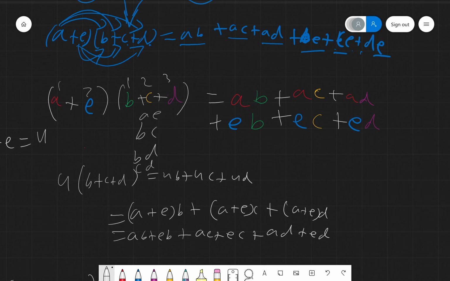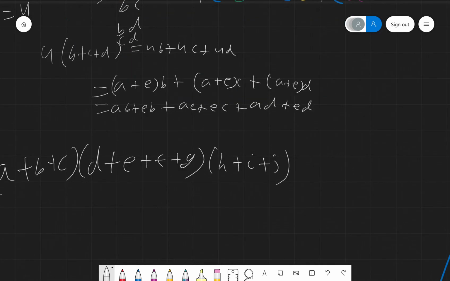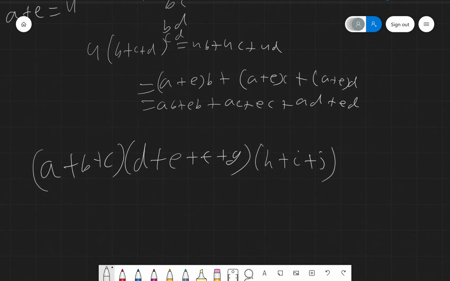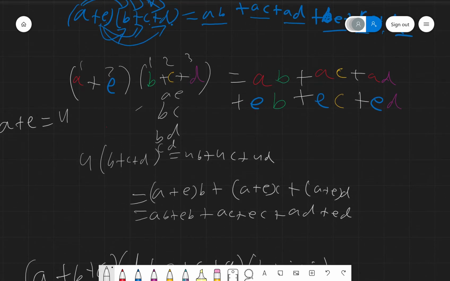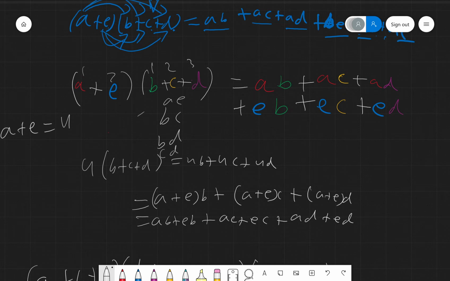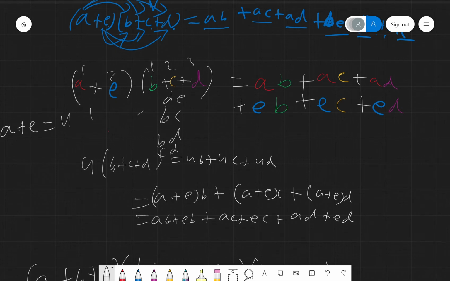So what we're really doing is the first one times everything, and the second times everything. But now in this one there's 3, so what we're really doing is every combination of everything. We choose one from this one and one from this one, multiply them, and do every combination of that.